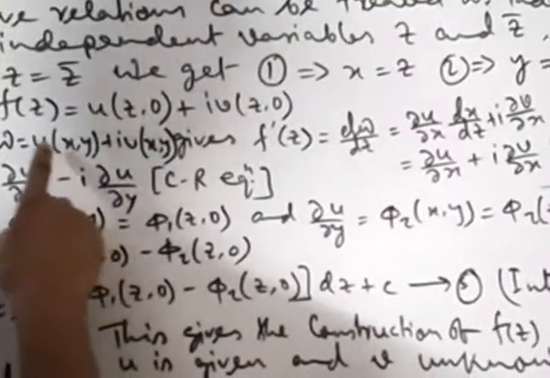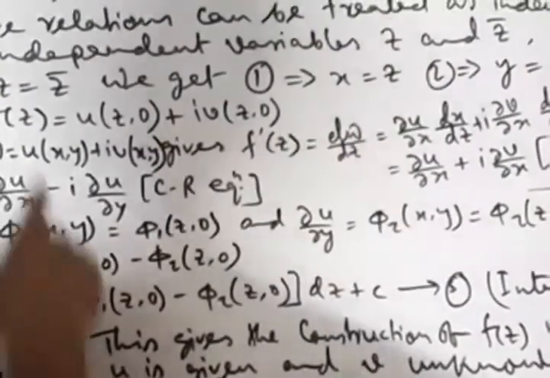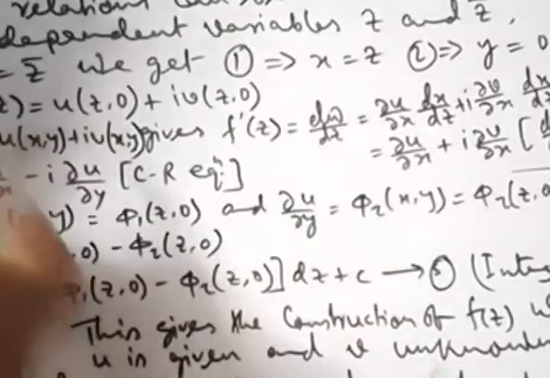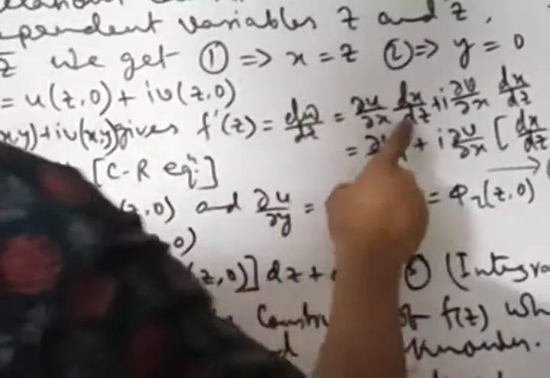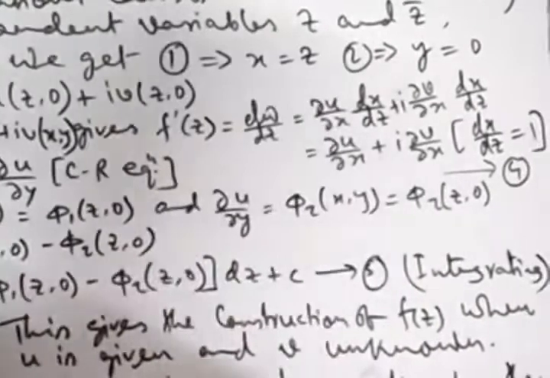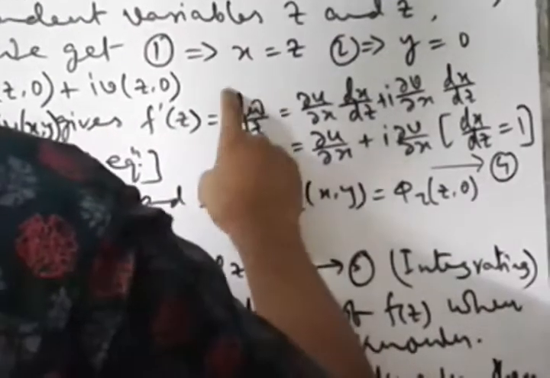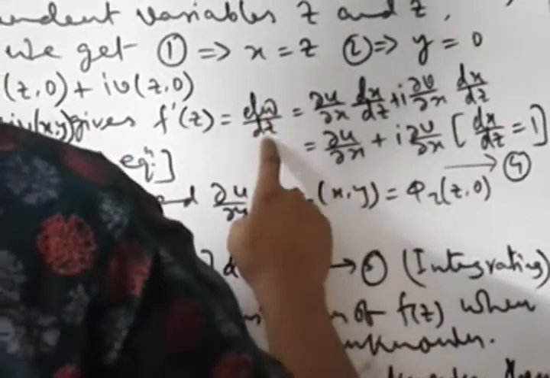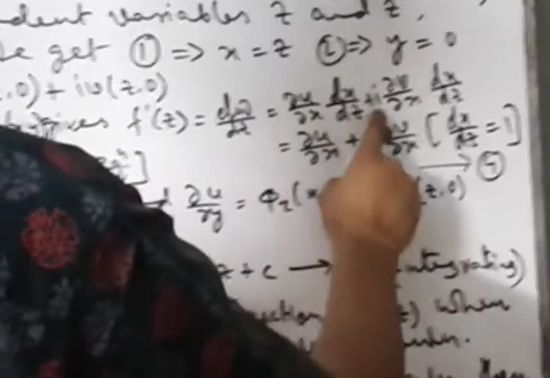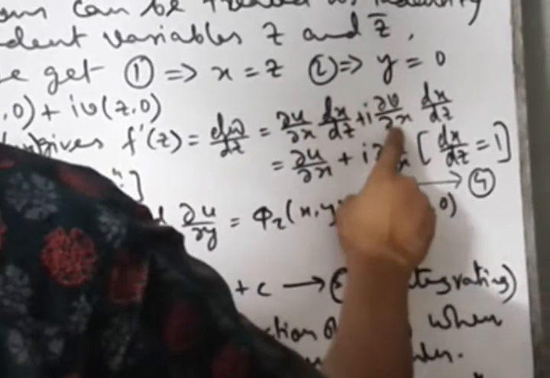Since u is a function of x, y, you know, in case of a function of several variables, we are to use partial derivatives. So in this process we can continue: dw by dz is equal to del u by del x dx by dz plus i del v by del x dx by dz.